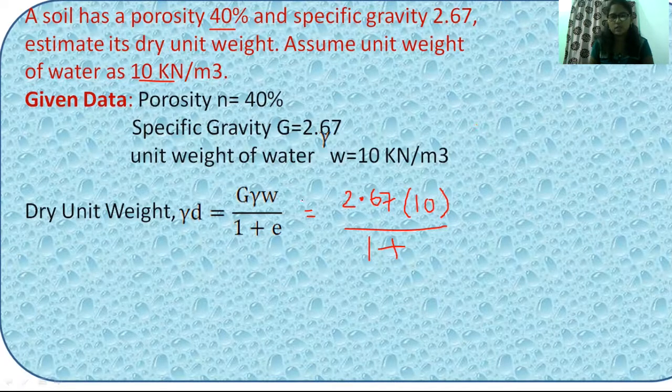Here porosity N value is given, so void ratio E is equal to N by 1 minus N. Now N is equal to 0.4, so E is equal to 0.4 divided by 1 minus 0.4, that is equal to 0.66.